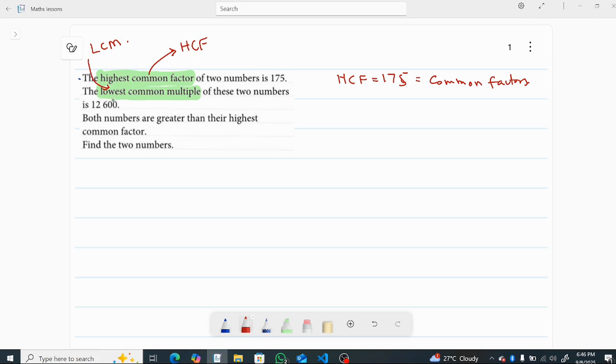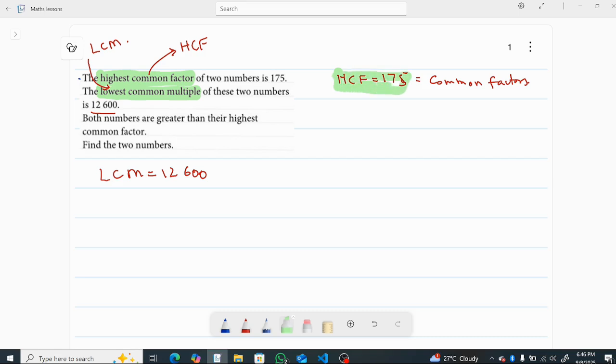Then we'll be looking for the LCM, which is equal to 12,600. So LCM is 12,600 and HCF is 175.